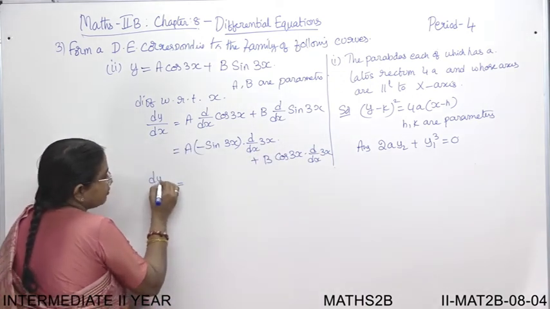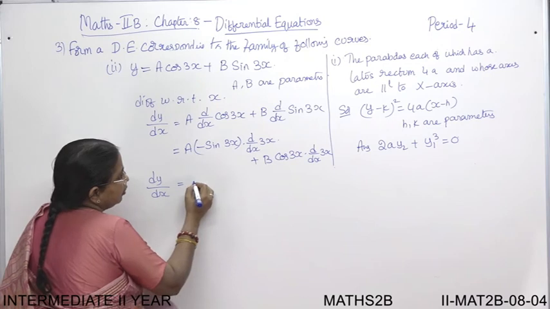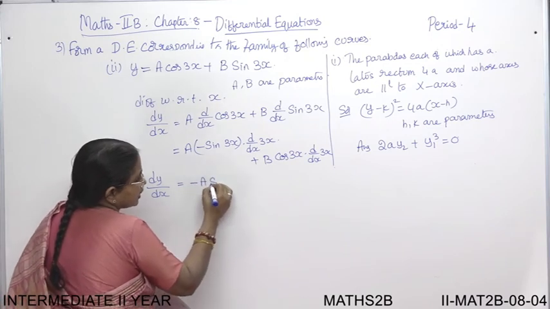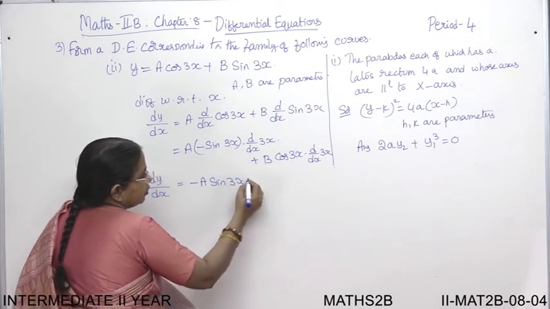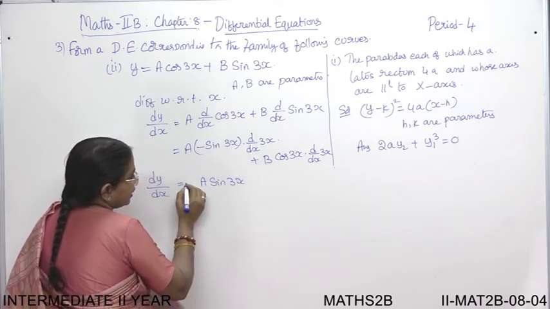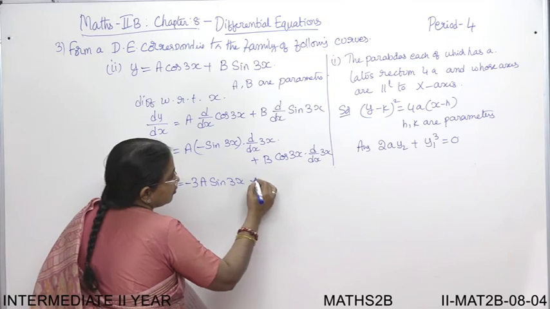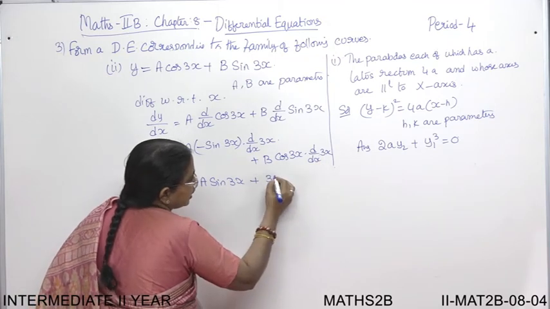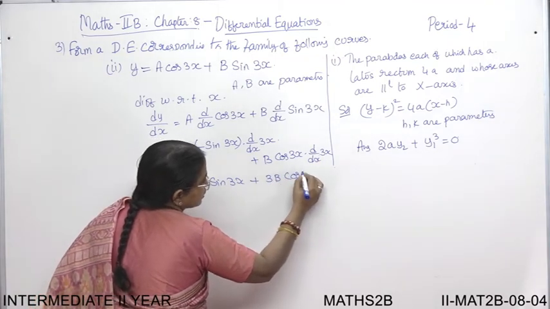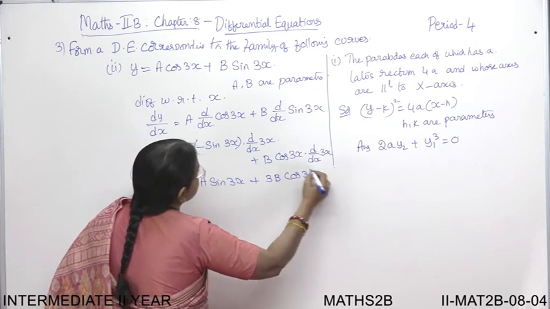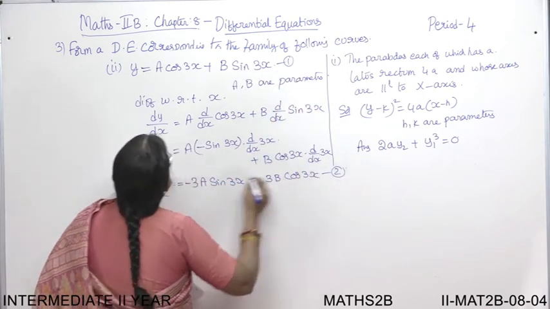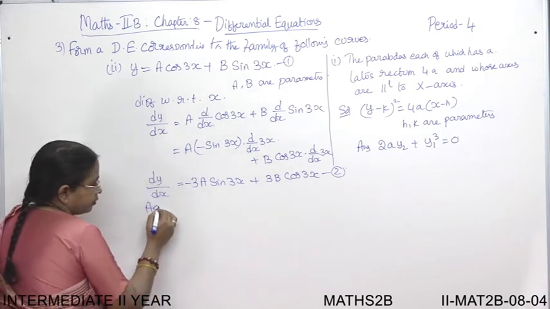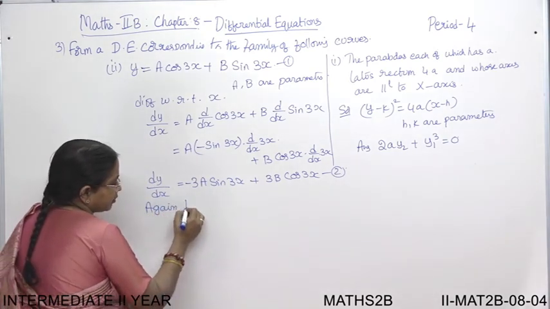So that means dy by dx is equal to minus a sin 3x into 3. I'll write 3 here, minus 3a. Plus again this is 3, so 3b into cos 3x. So this is the first equation and this is the second equation. Now again differentiating with respect to x, because there are two arbitrary constants.